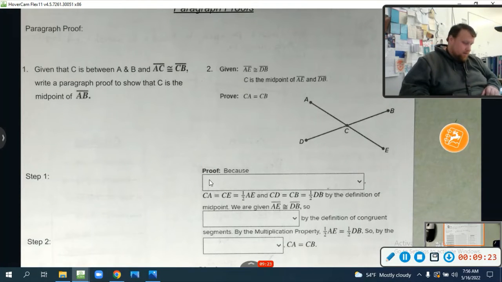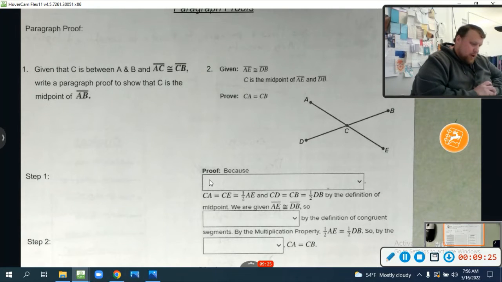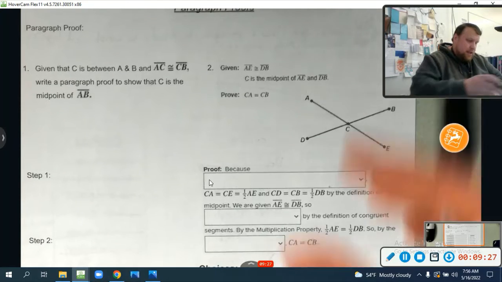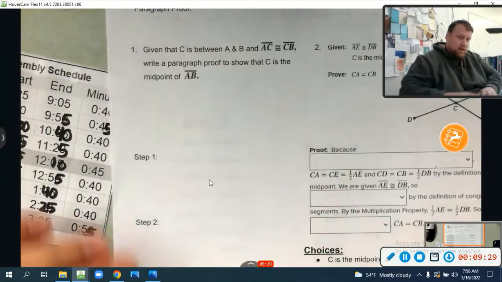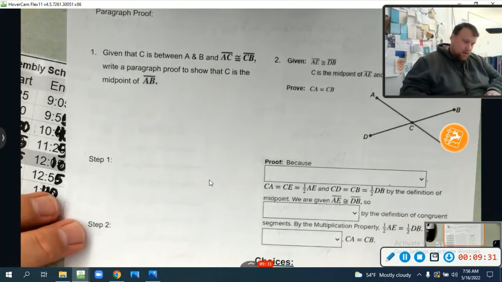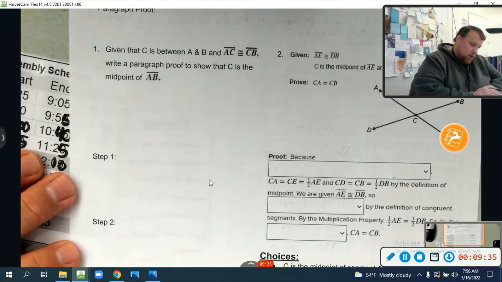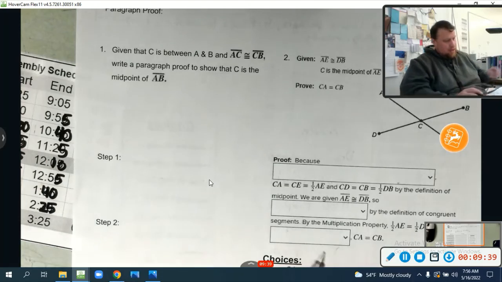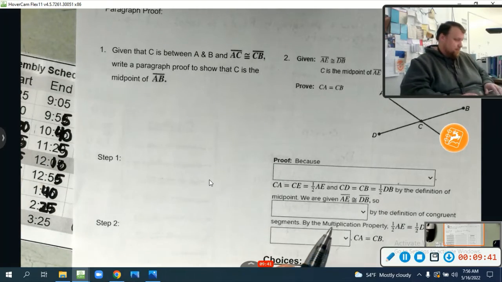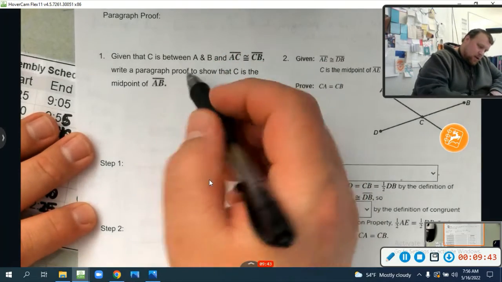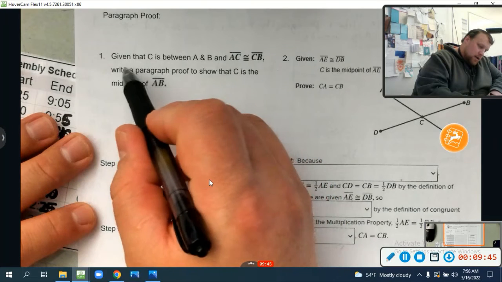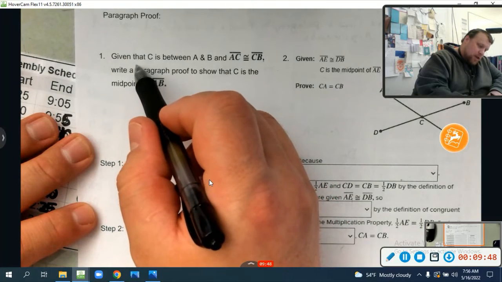What are we given in number one? That C is between A and B, and segment AC is congruent to segment CB. Write a paragraph proof to show that C is the midpoint of AB. Okay, first of all, given that C is between, this is our given.